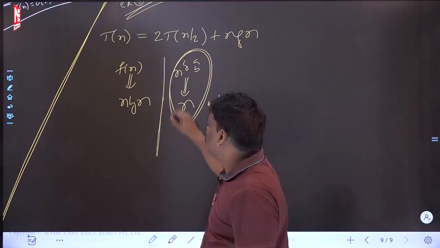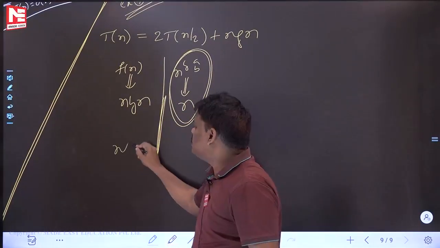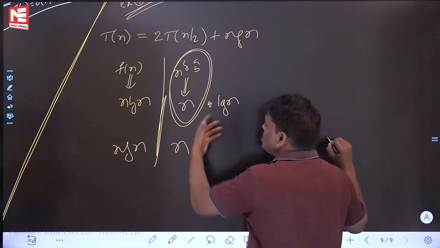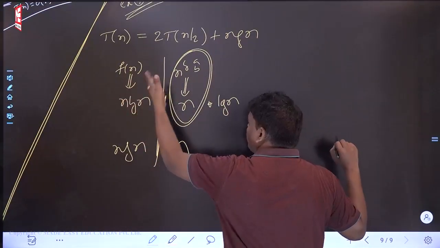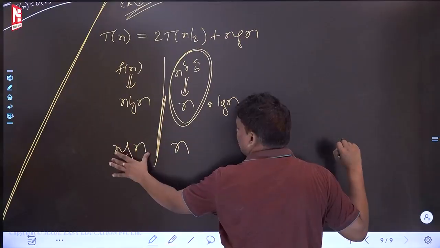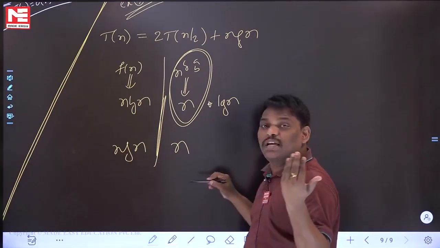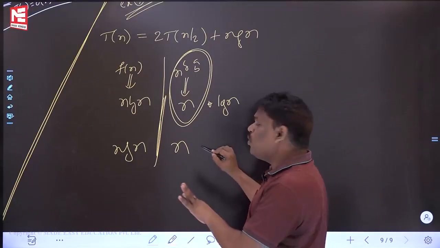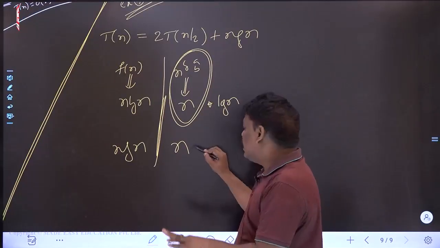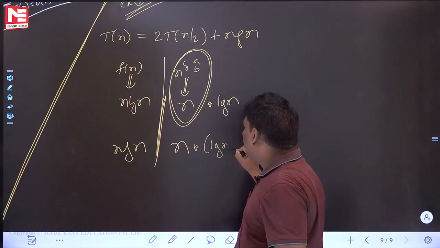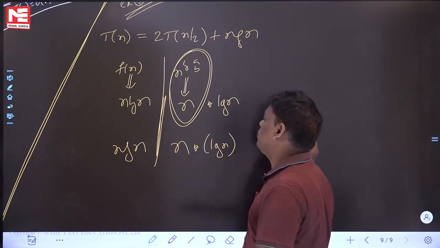Left hand side is n log n. What is the right side? n. Case 1 fails, case 2 fails, that's okay. Now come to case 3. Left hand side n log n, right hand side n. Now what case 3 of the master theorem says is: go to the right hand side, whatever is there, n, and multiply by log n whole power k, where k is greater than or equal to 0, so that both will be equal.